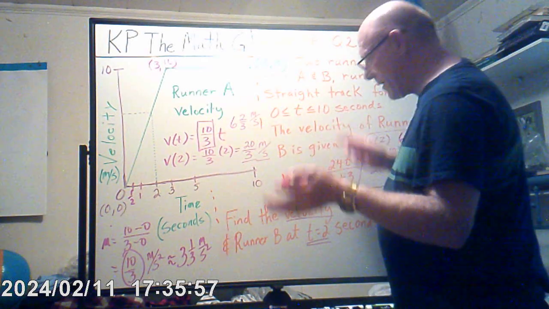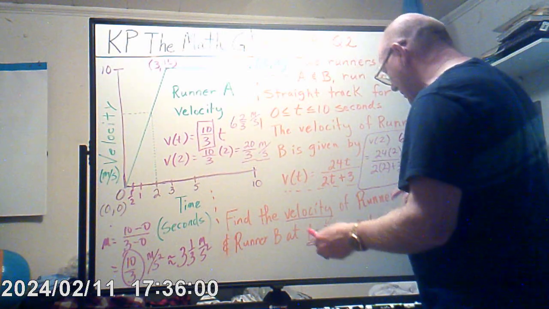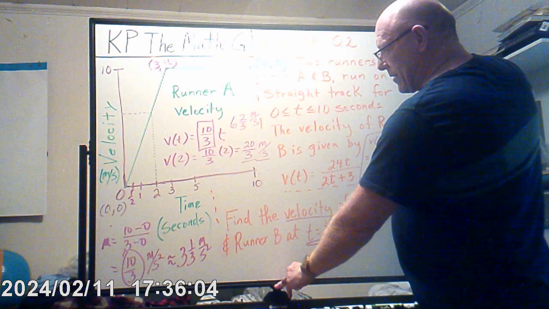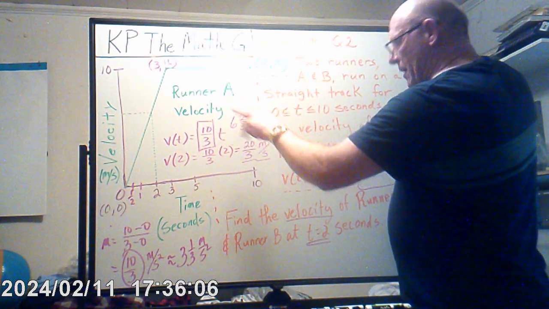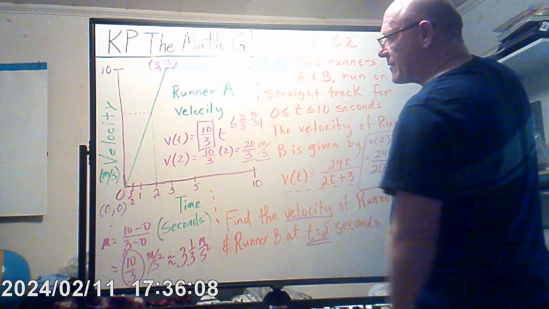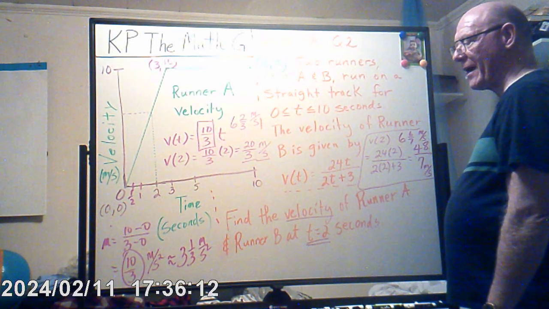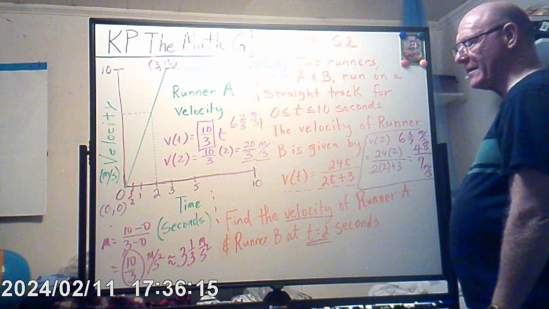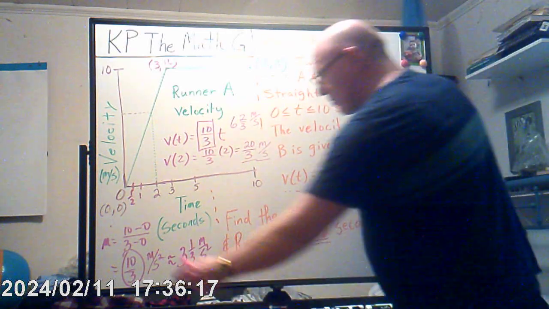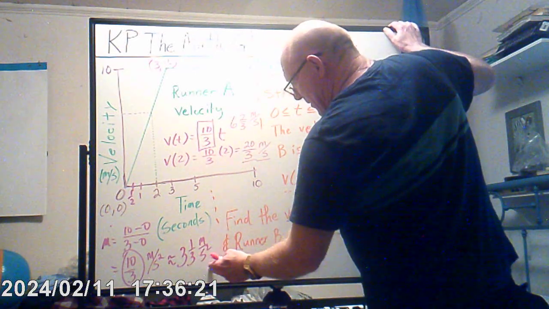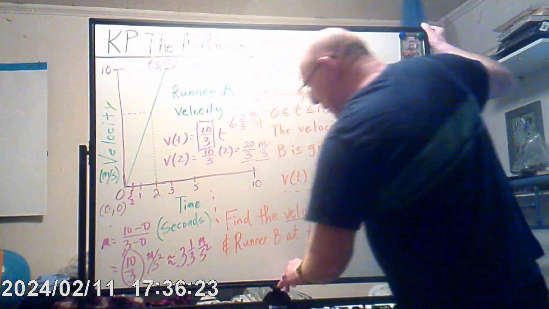And then on the other side we took care of what the acceleration is at t equals 2. Okay, at time t equals 2 seconds. Okay, 10 over 3 for runner A, or 3.333 meters per second squared.